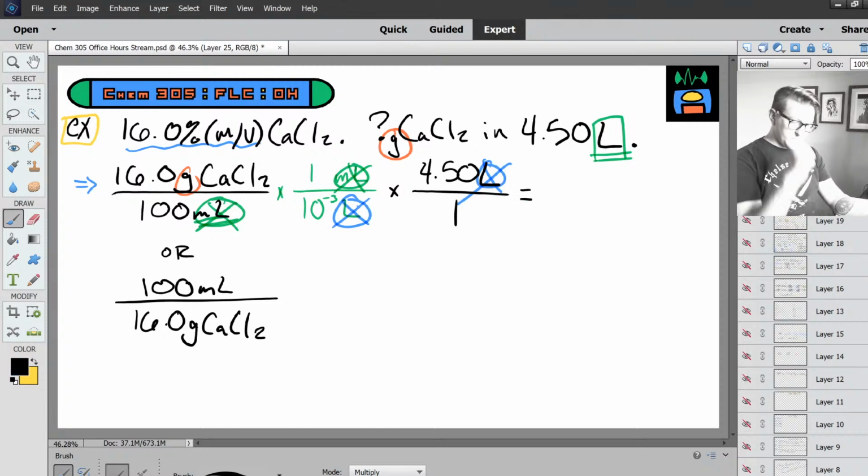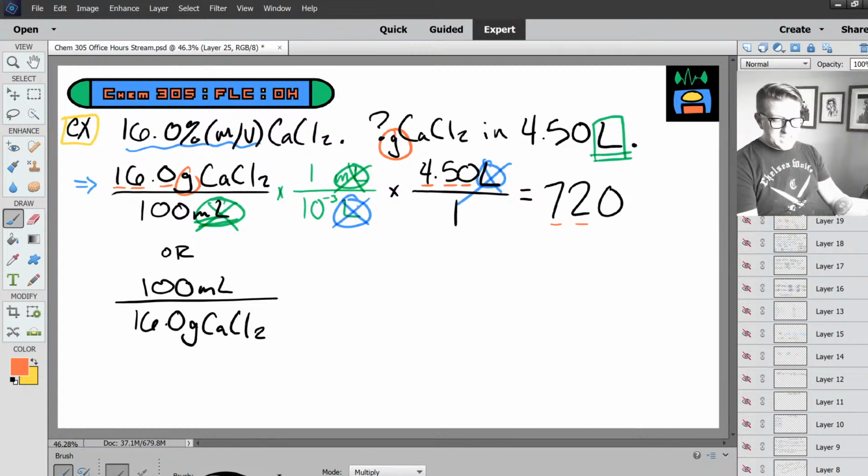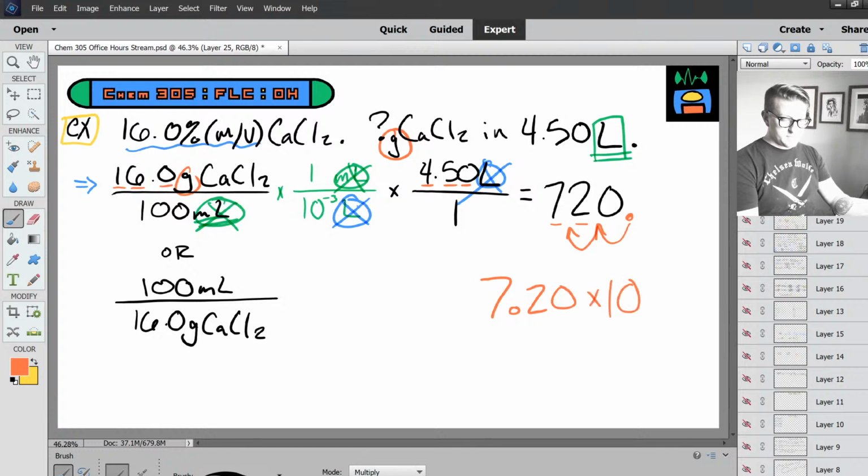So my calculator is telling me that my answer is 720 grams, but I need to look at my sig figs. My volume had 3 sig figs, my percent mass had 3 sig figs. My answer needs 3 sig figs, but it only has 2 right now. So I need to write this in scientific notation. 7.20 times 10 to the squared grams of calcium chloride.